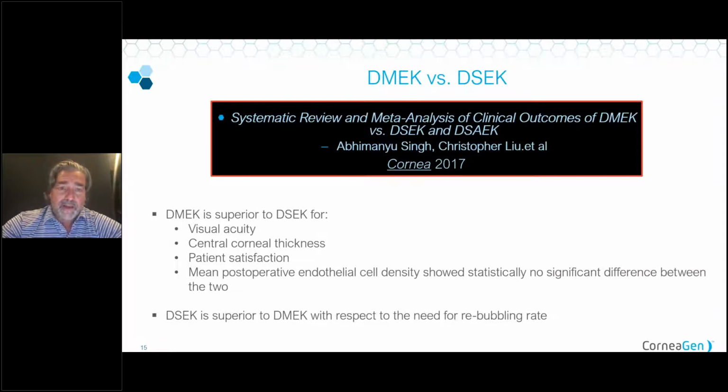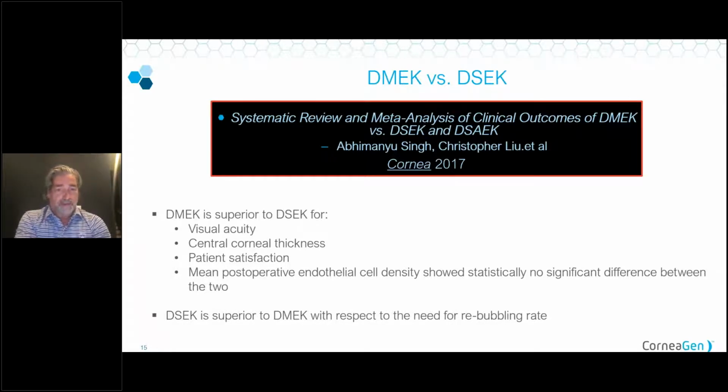If we look at a review comparing DMEK versus DSEK head-to-head, this was published in 2017 in Cornea. DMEK is superior to DSEK for visual acuity, like I mentioned. The central corneal thickness is less. Patient satisfaction surveys seem to be higher.